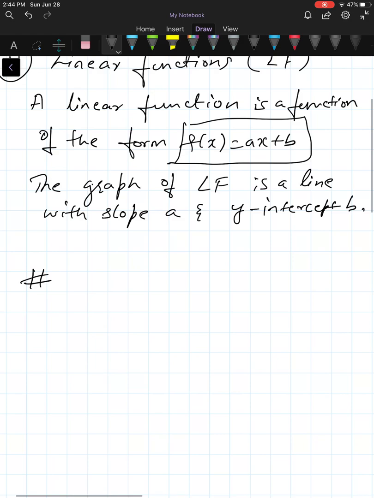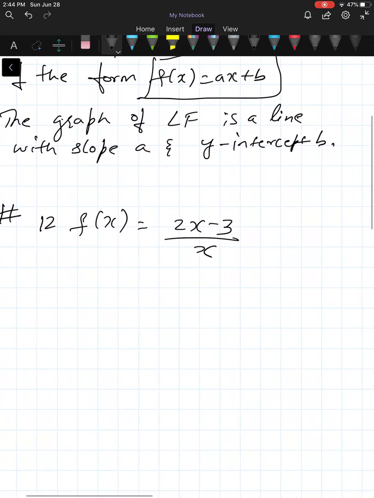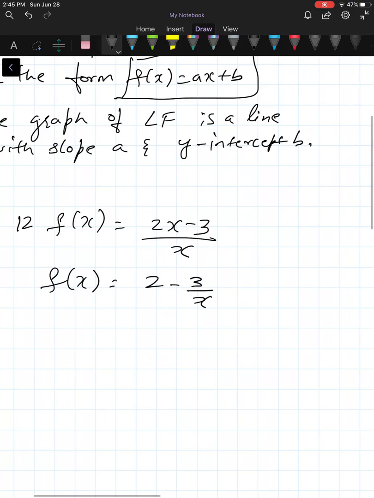This is number 12 in your book. f of x is equal to 2x minus 3, divided by x. This given function can be written as f of x is equal to 2 minus 3 divided by x.